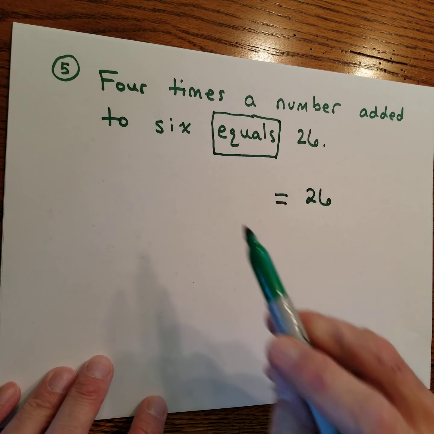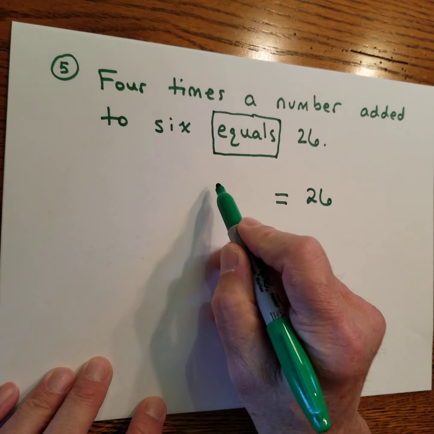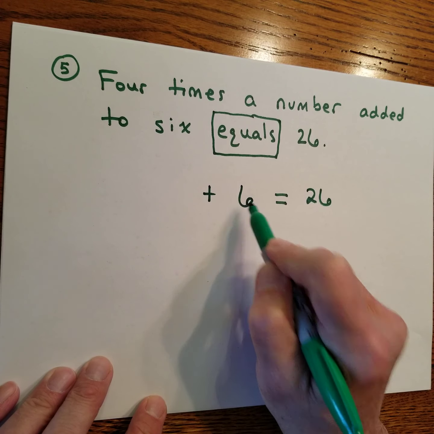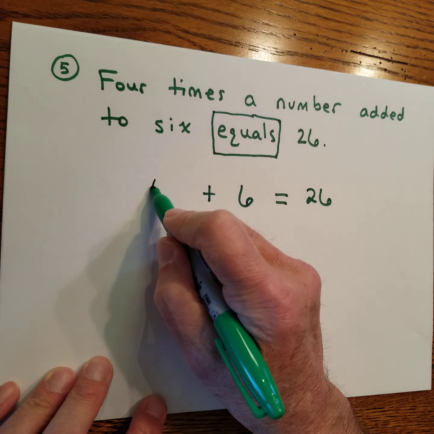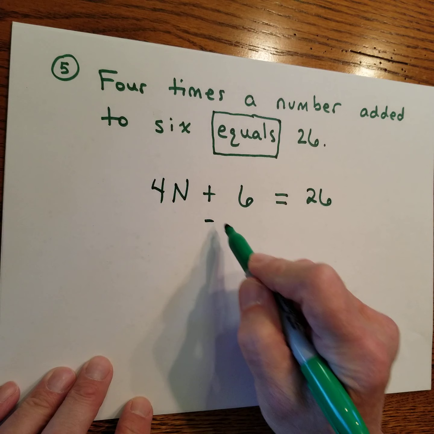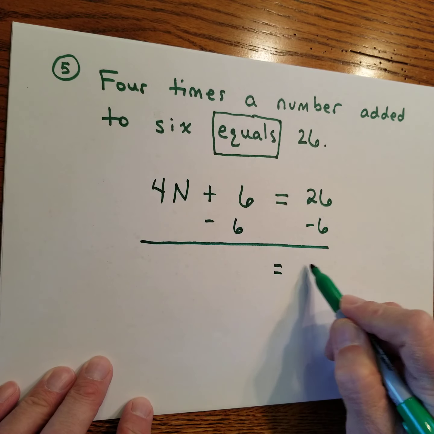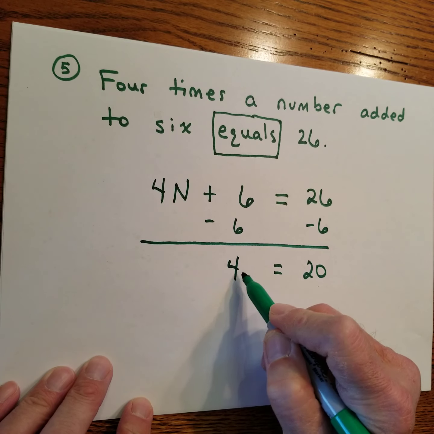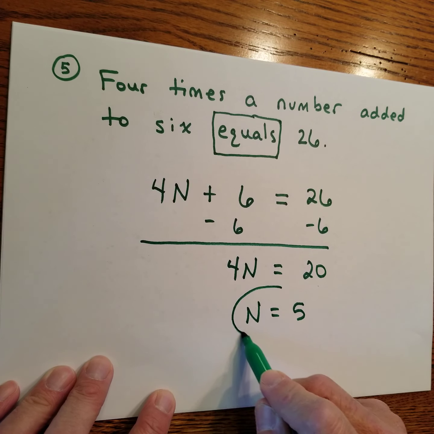Before the equal sign, I need 4 times a number added to 6. There's added to 6. 4 times a number added to 6. Looks like that. Now solve. When I divide, I get a final answer of 5.